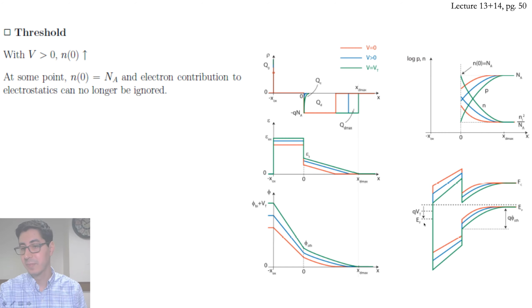Because if I move my bands down any more, let's say I'm at threshold and I bend my bands down so that EC minus EF in the semiconductor right at the surface changes by 60 millielectron volts, well, then I'd have 10 times higher electron concentration at the surface. That's a big, big change.